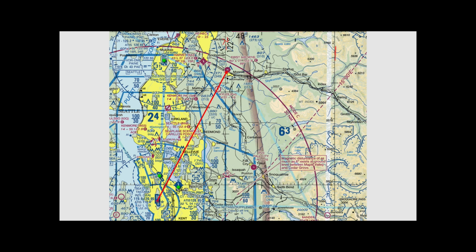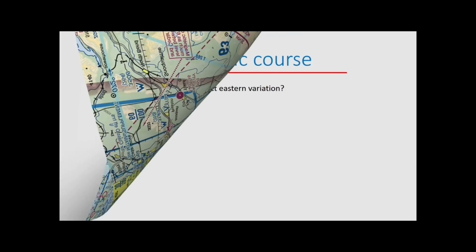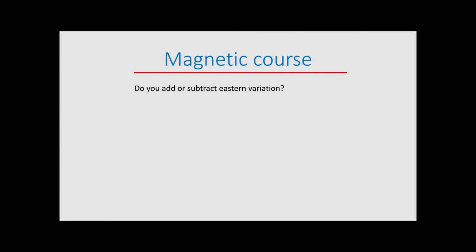So this is north according to the magnetic heading, and then true north would be this angle. And this line, this isogonic line, tells us the angle that we need to add or subtract to account for the variation between true north and magnetic north. Here it's 15 degrees, 30 minutes east. So do we add or subtract eastern variation? East is least, we subtract.